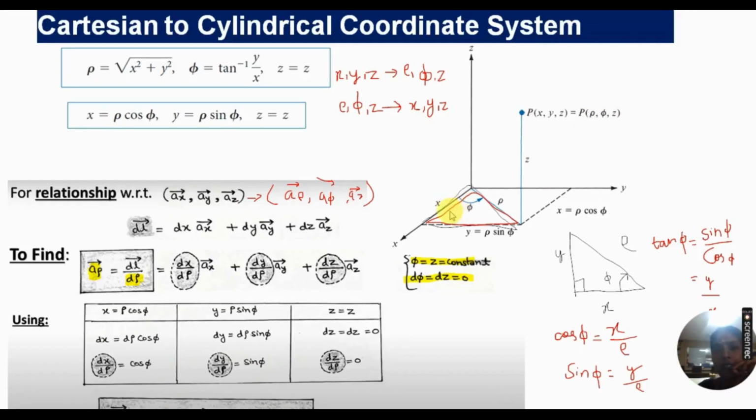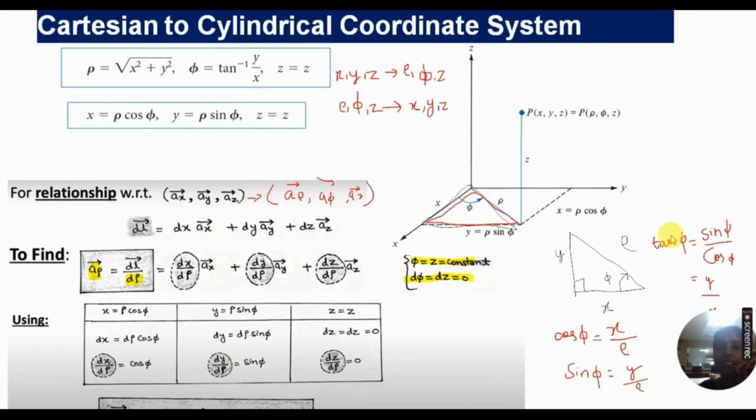We can take this right angle triangle and find x and y in terms of rho and phi. By taking cos phi, we get adjacent by hypotenuse, that is x by rho. Sin phi is opposite by hypotenuse, y by rho. From this I can write x equal to rho cos phi, and y equal to rho sin phi. The z remains the same.